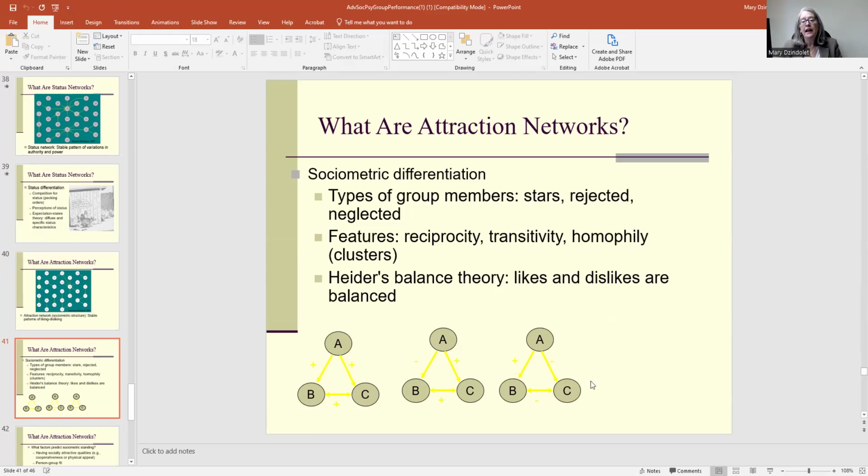But we also like it if people share in our dislike for someone. But you'll be out of balance if A and B both like person D, but C doesn't like D. Well, then that's going to put the whole thing off balance. C has to begin to like D, or A and B have to begin to dislike D in order for them to go back into balance.